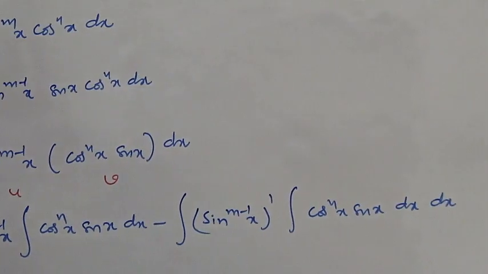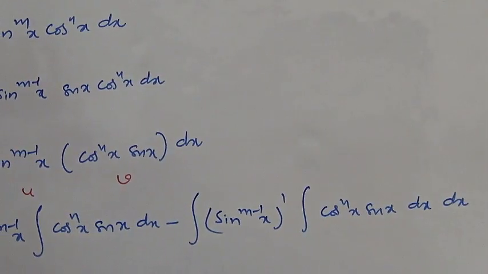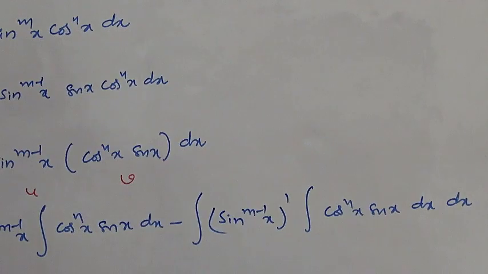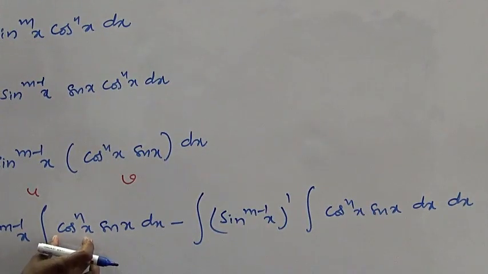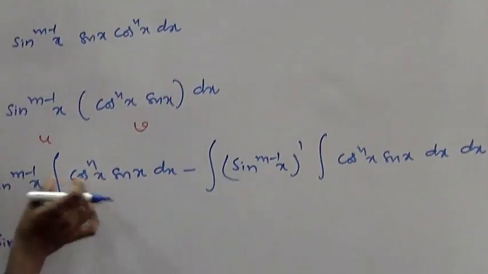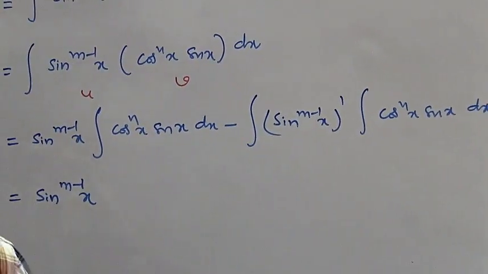Okay, done? Now this is equal to sin^(m-1) x times the integral of this one. See, what is the derivative of cos x? The derivative of cos x is minus sin x.